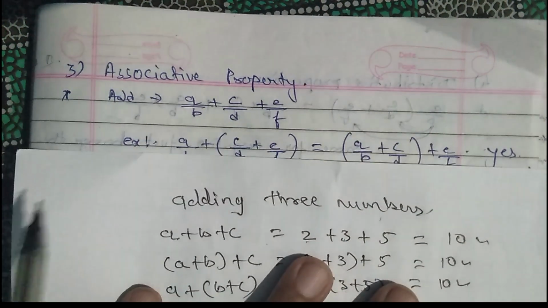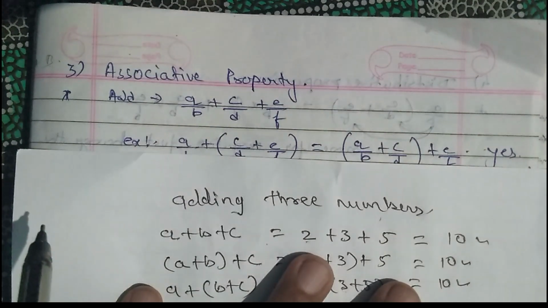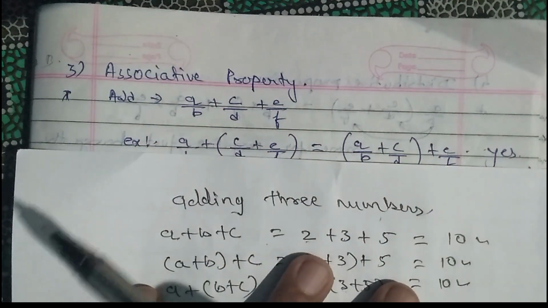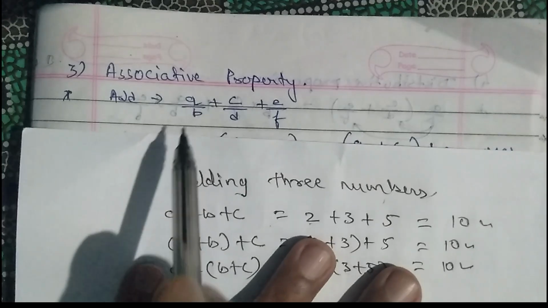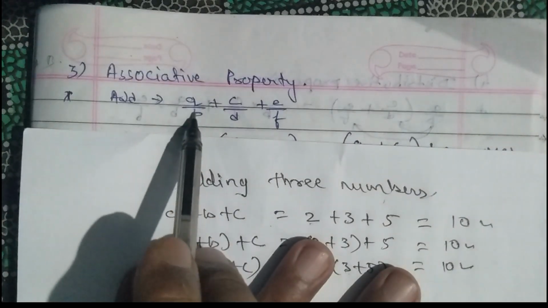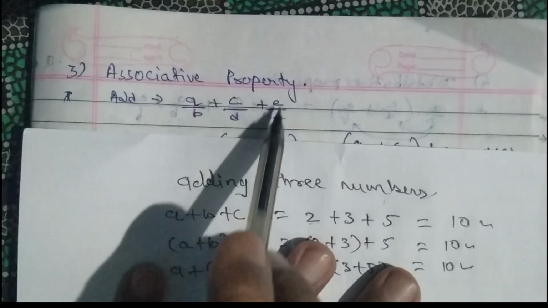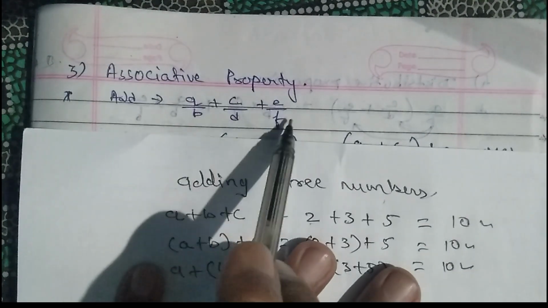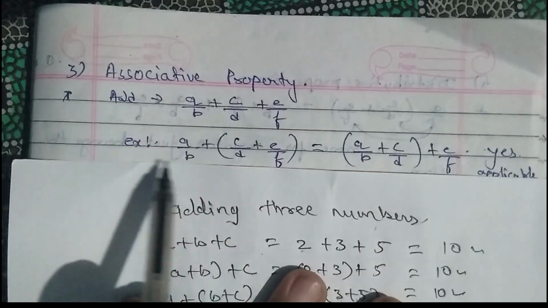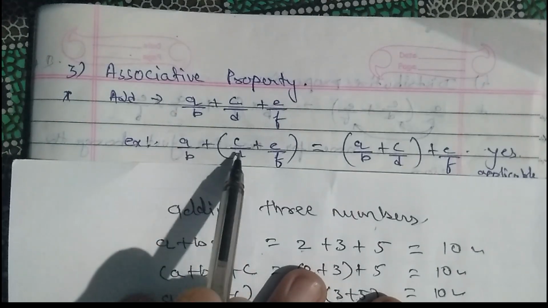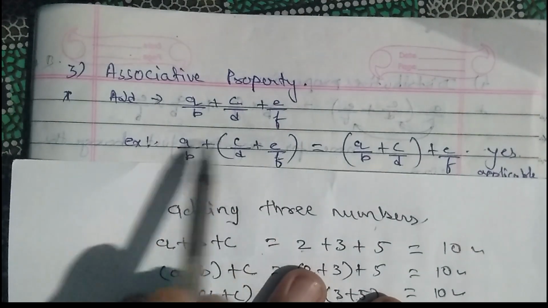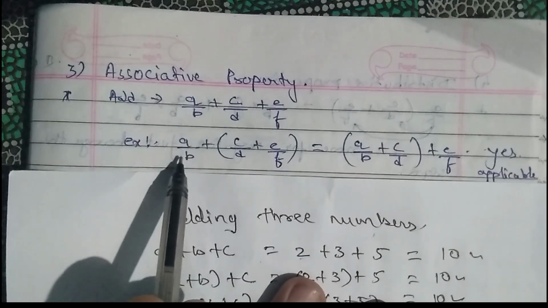So now associative property with addition of the rational numbers: A upon B plus C upon D plus E upon F. Here we are taking three rational numbers and I have made a group of two. Let's see with an example.